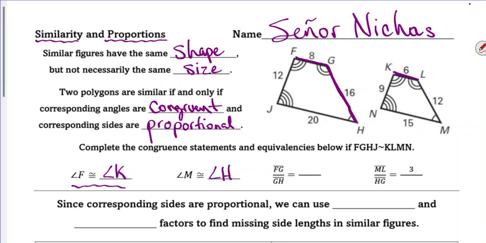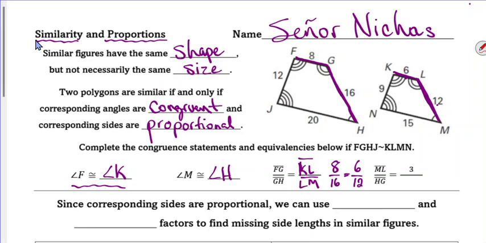It's the same as the ratio between KL and LM. Really what I'm saying is that the ratio between these two sides of 8 and 16 is the same as the ratio between these two sides, KL and LM, or 6 and 12.